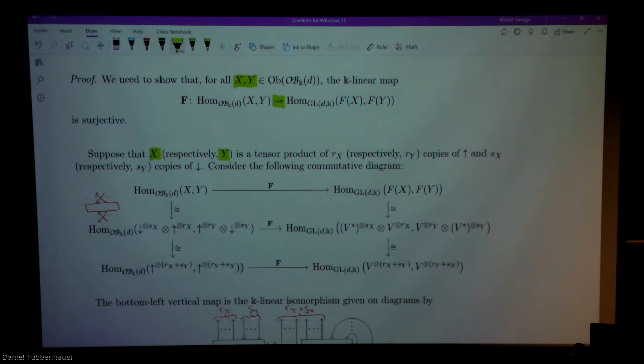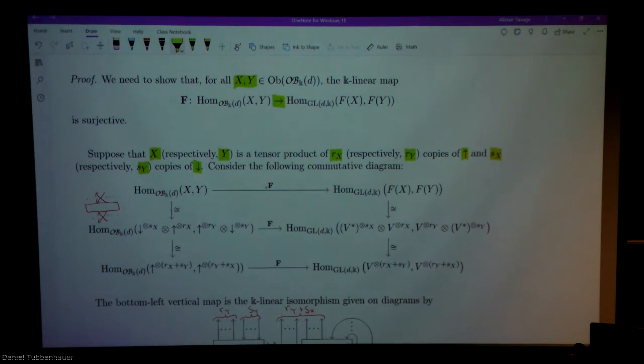So let's just say X has Rx copies of up arrow, and Y has Ry copies of up arrow, and X has Sx copies of down arrow, and Y has Sy copies of down arrow. Right, so I've just given a label to the number of times that up and down appear in X and Y.